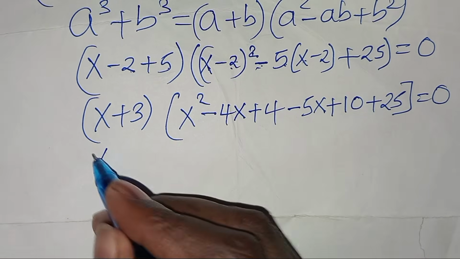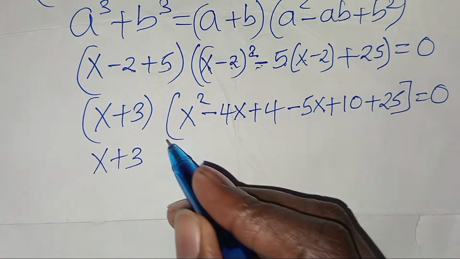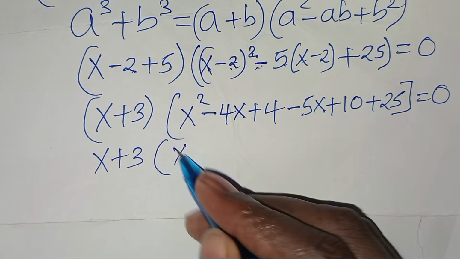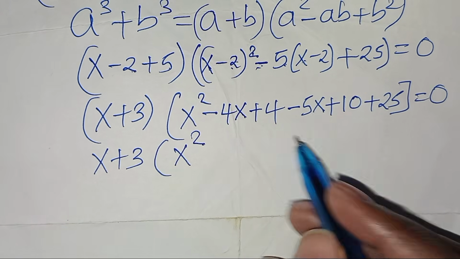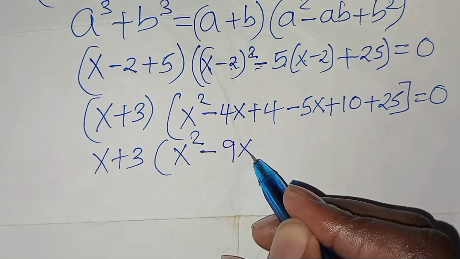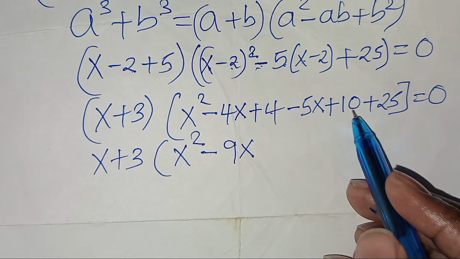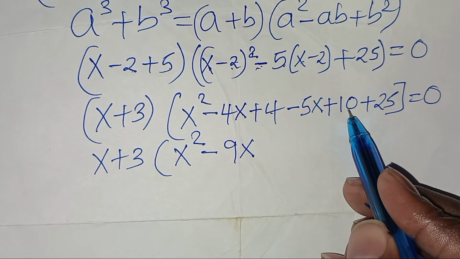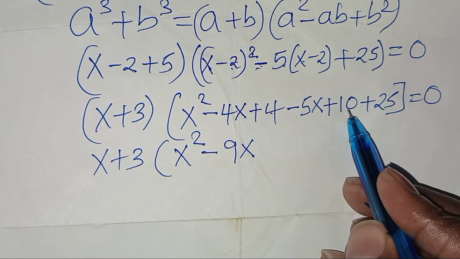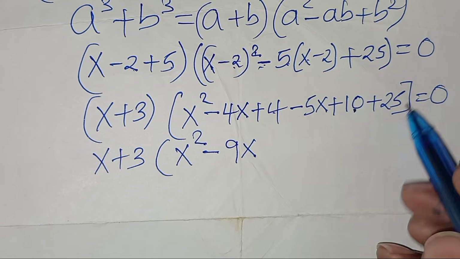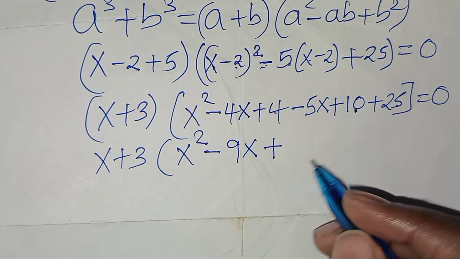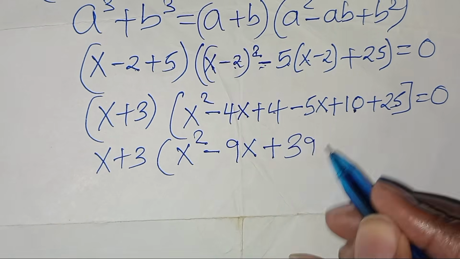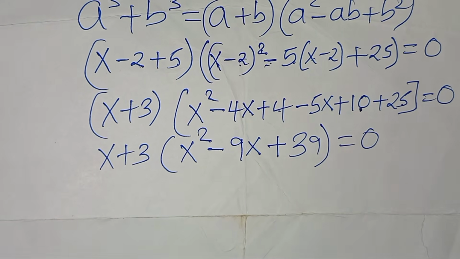So you have (x + 3) and then x squared. Negative 4x minus 5x is -9x. Then we have 4 plus 10, which is 14, and 14 plus 25 is 39. So this is equal to 0.